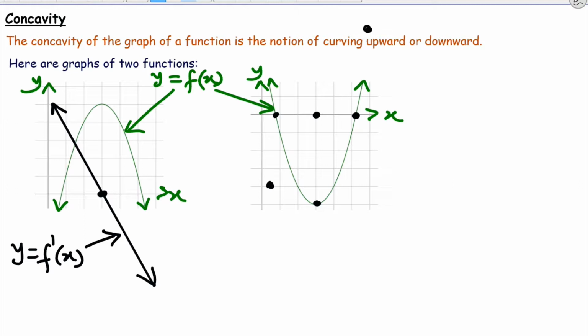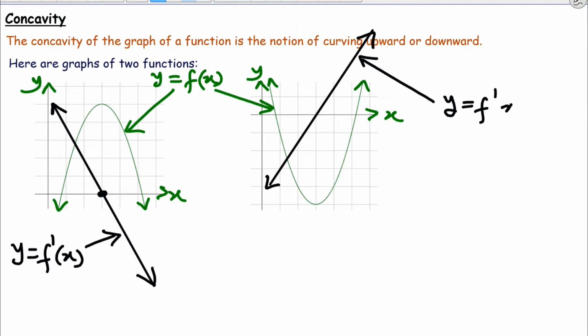Then we can join these three points using a straight line, and what we end up with is the graph of the first derivative of this function, y is equal to f dash x.